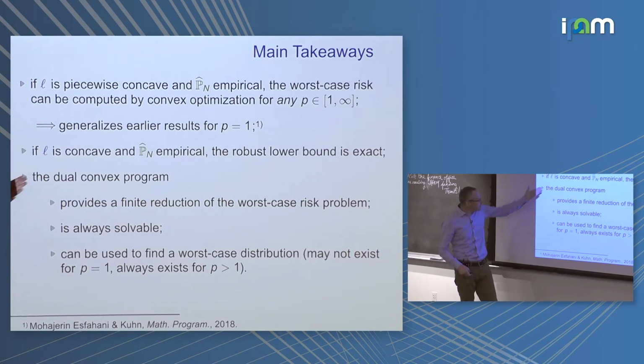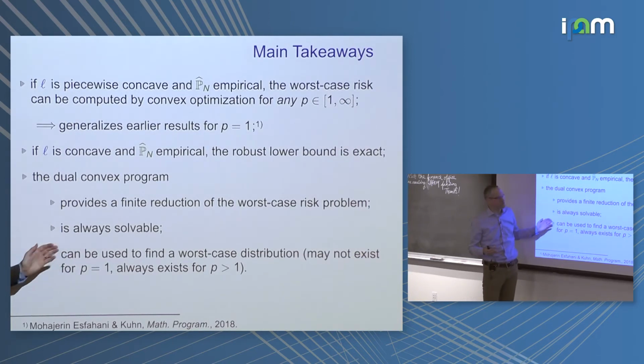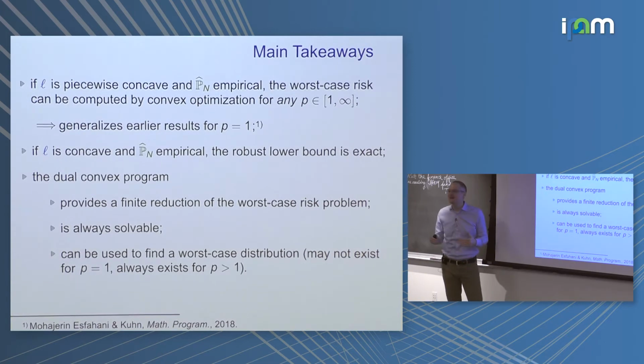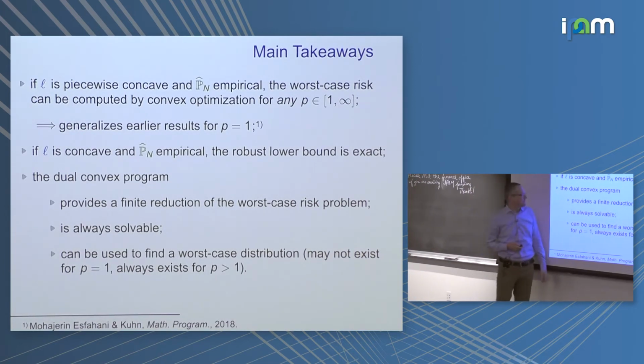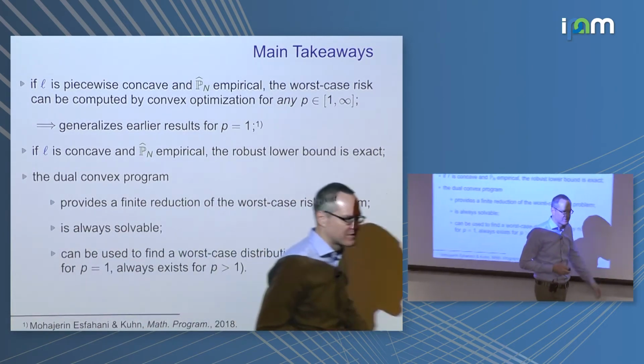And the dual convex program provides a finite reduction of the worst case risk problem. It is always solvable, and it can be used to find the worst case distribution if it exists, or it can be used to find a sequence of distributions that are asymptotically extremal if such a distribution does not exist.